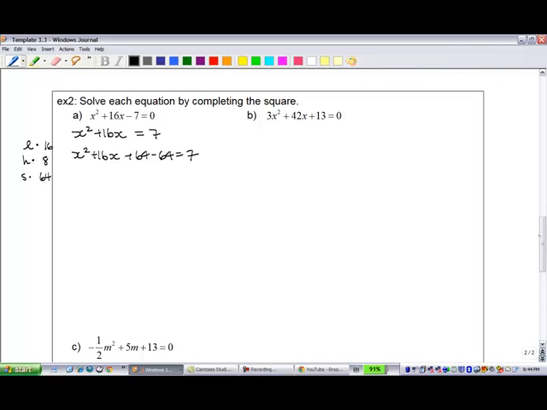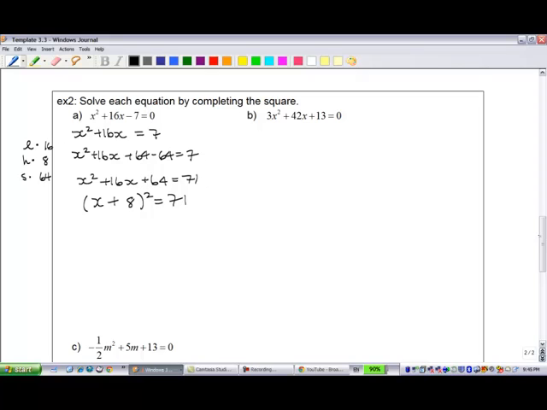Now we're lucky here that there's no coefficient out front, so we don't need to multiply negative 64 by anything. We can actually just move that over to the other side. And we end up with adding 64 gives us 71. And now we can complete the square and turn that into x plus, it's that half term, x plus 8 all squared equals 71.